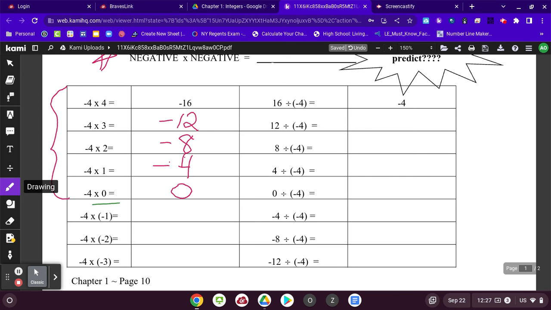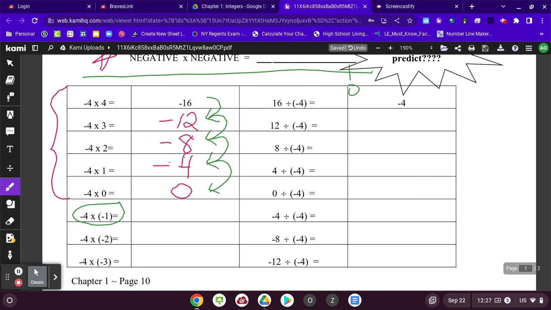Now, in order to move down into negative times a negative, we look for a pattern. You have to look really closely at this because at first, a lot of people say we're subtracting 4. But look, if you look at a number line, this is 0 and this is negative 16. To get to negative 12, you're actually moving closer to 0.